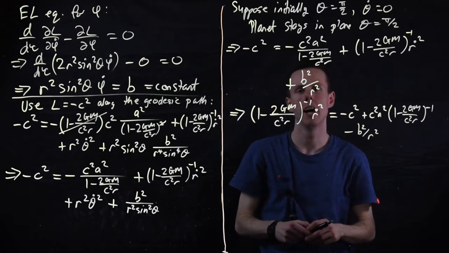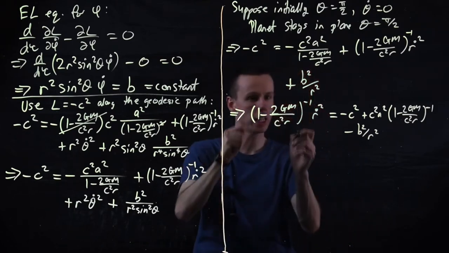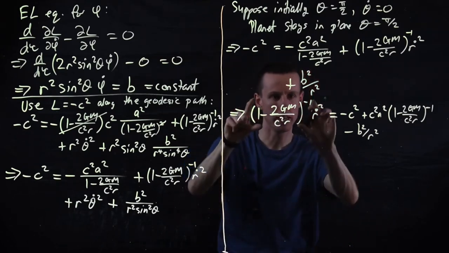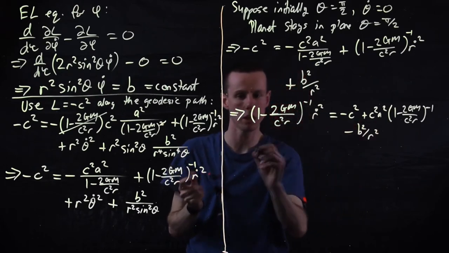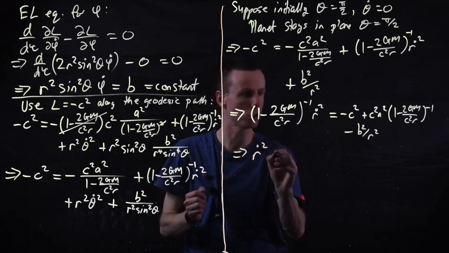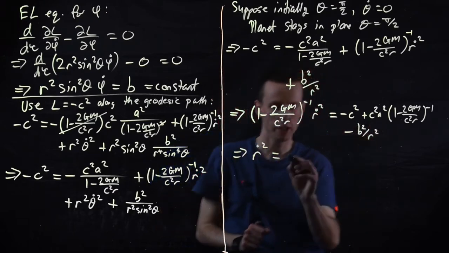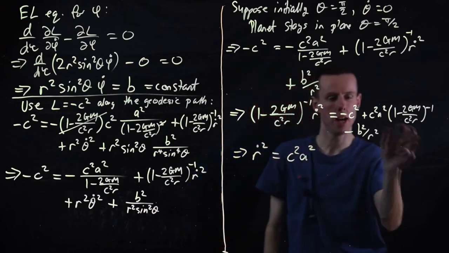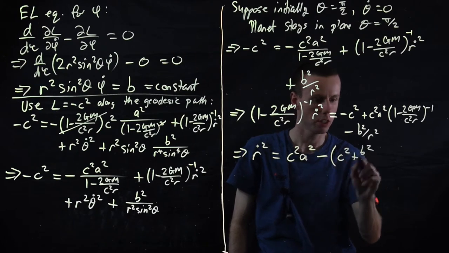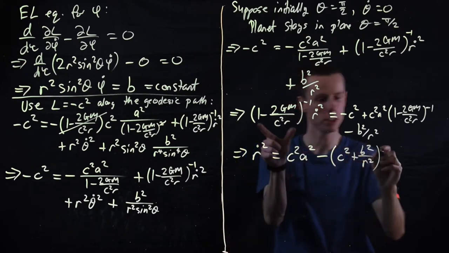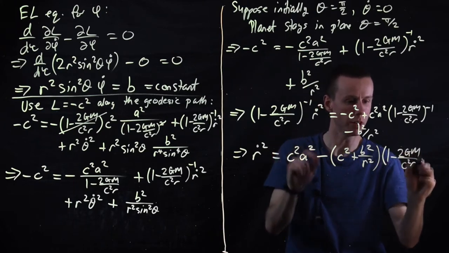And yes, then if I divide through by this factor, in other words, multiply both sides by 1 minus 2GM over c squared r, I will have r dot squared is equal to c squared a squared, just from that term, and then these other two terms will give me minus c squared plus b squared over r squared times 1 minus 2GM over c squared r.